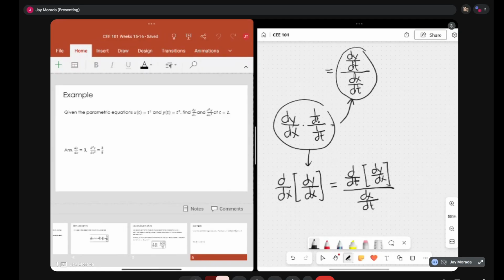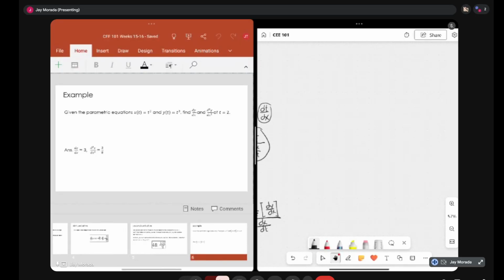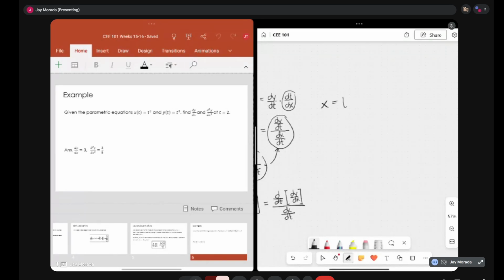Okay, let's answer this example. Given the parametric equations, x equals t squared and y equals t cubed, find dy over dx and the second derivative of y with respect to x at t equals 2.